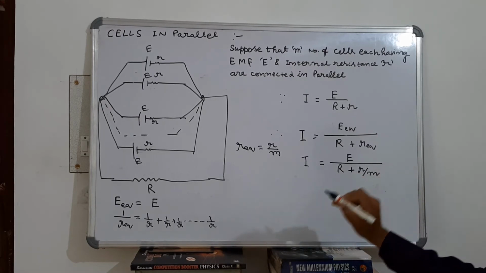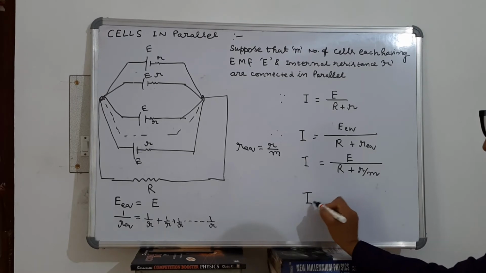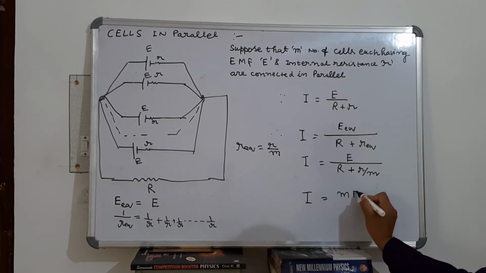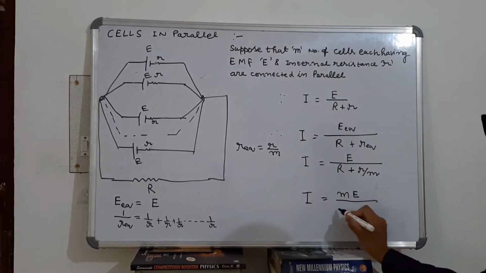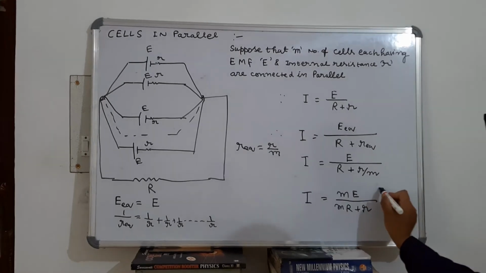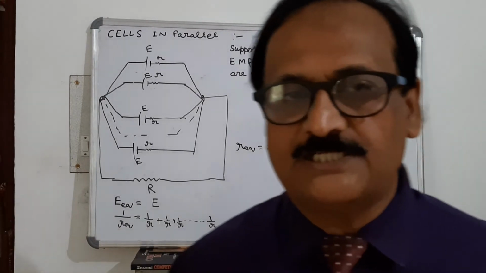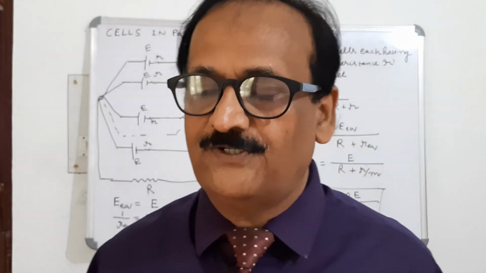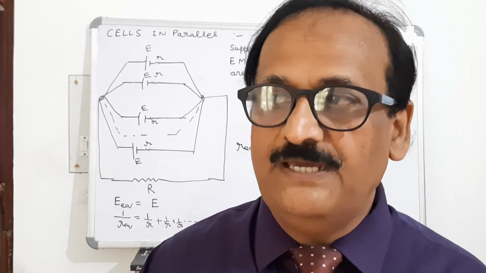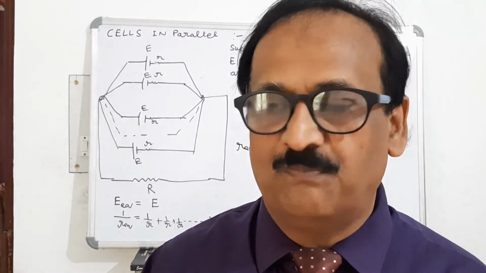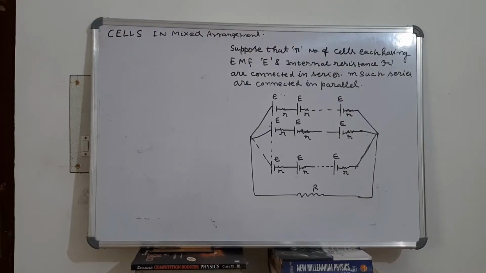Therefore I is equal to nE upon nR plus r. Therefore, when similar cells are connected in parallel, then current drawn from the cell is nE upon n times capital R plus small r.